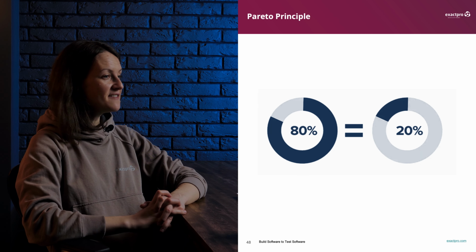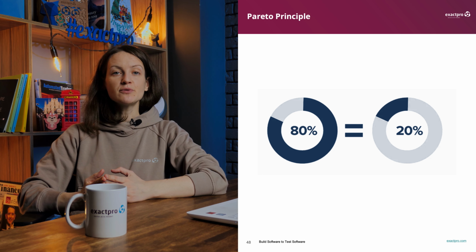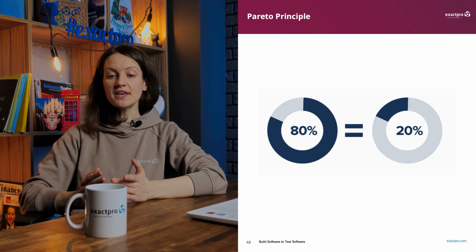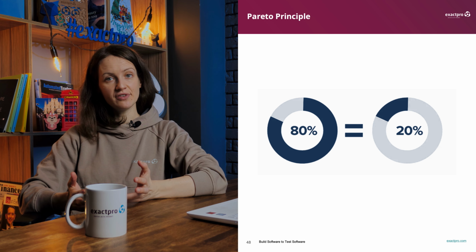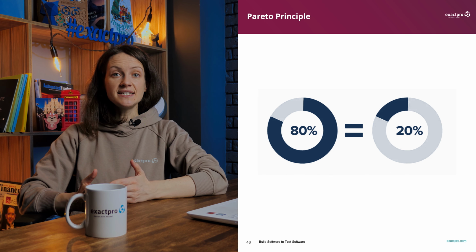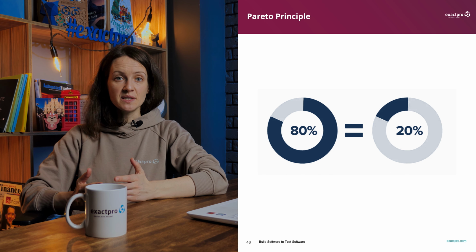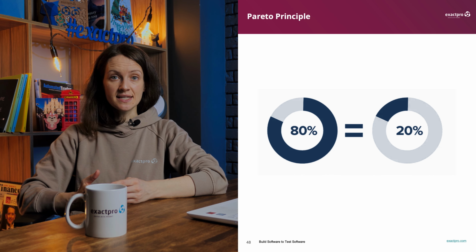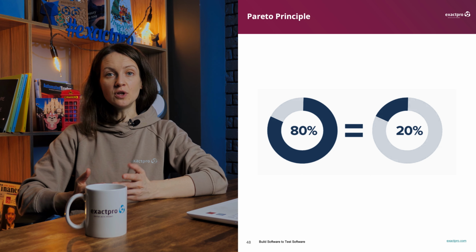Principle 4. Defects cluster together. It's a representation of the Pareto principle, which aptly points out that everything around us is not distributed evenly. It's more of an 80-20 distribution. For example, 80% of wealth belongs to 20% of people, and vice versa. The majority of stock exchange trades are executed by a handful of instruments.